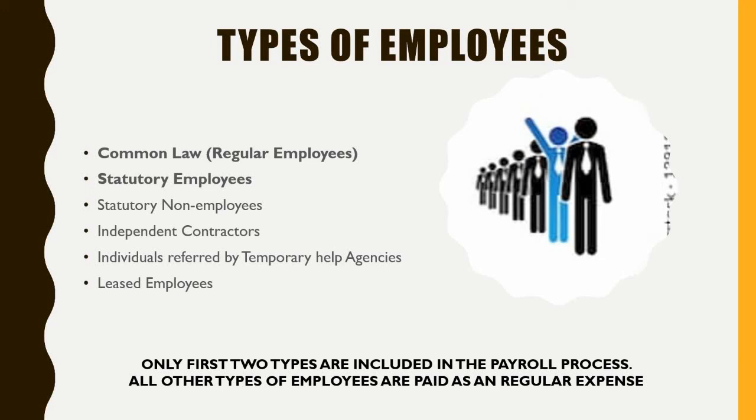There are employees that are family members. There are employees that are green card holders, and so on and so forth. But here, I'm just going to give you the basic 6 and the common ones that you see today.